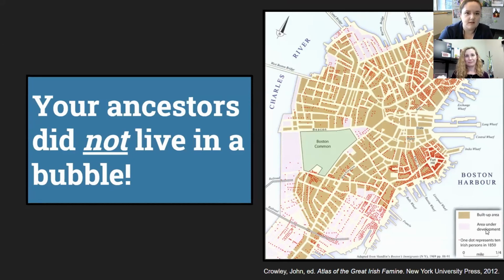When you look at the census, look at who their neighbors are. Look at where they might be working, where they might be buying their groceries, going to church, that type of thing. Because doing that type of research, looking at the whole community, can actually open some doors for you. Maybe give you some ideas on where to find more resources to add a little bit to the family story.